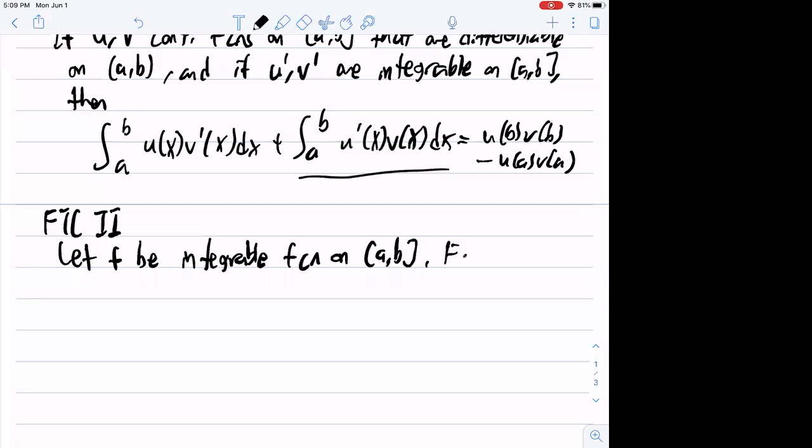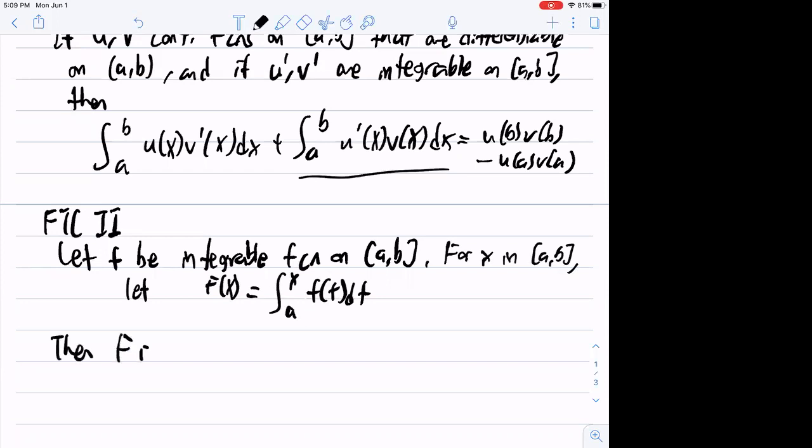For x in [a,b], we let F(x) be the antiderivative. This is not a function of t; it is a function of x. If I plug in 2, F(2) is the integral from a to 2 of f(t) dt. Then F is continuous on [a,b].